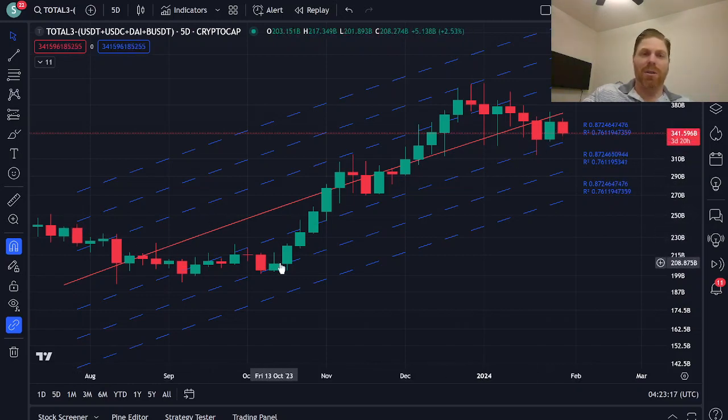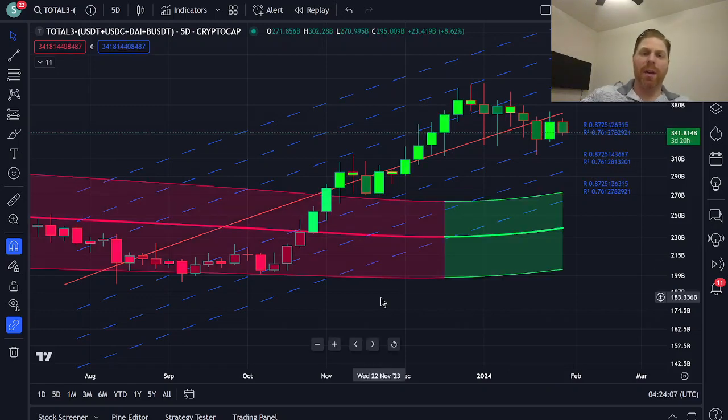You can see we kind of dove down to, and this is plus to -3 standard deviations in increments of 1, went down to the -2 standard deviation line, popped back up to the 1 standard deviation, came down, scraped the -1 a little bit, came up all the way to the +2, and now we're heading back down to the -1. So the altcoin market has been pretty strong ever since coming off of its June lows, and you might wonder, well, where do we go from here?